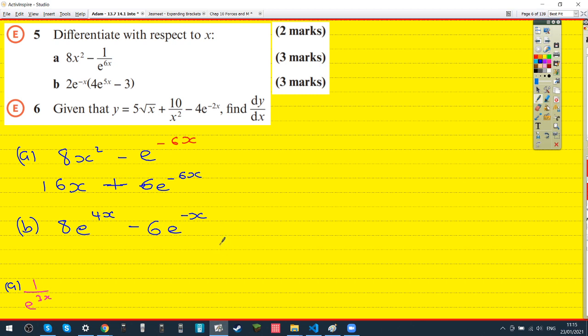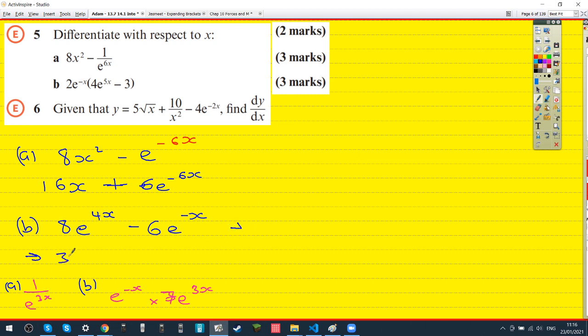And then differentiate it. Okay. So it'd become 32e to the power of 4x, is that right?